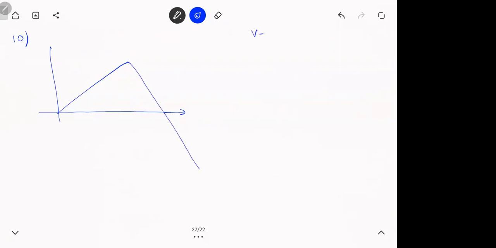See, a VT graph of a rocket is given. So this is V, this is time, this is 100 seconds, this is 110 seconds.